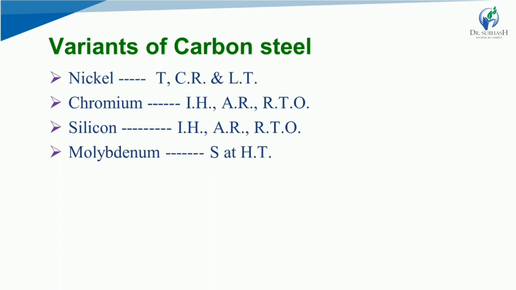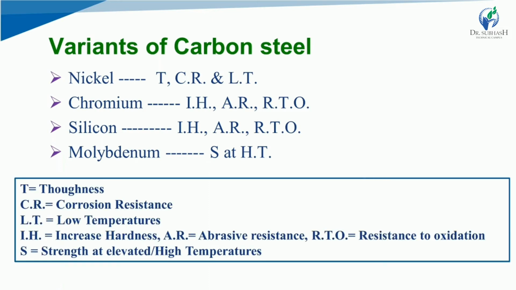When you mix nickel into the carbon steel, what properties will you get? That is T, Cr and Lt. Here I will give you the full forms. T means toughness, which means when you mix nickel, the carbon steel gets tougher. Cr is corrosion resistance; it will become corrosion resistant.